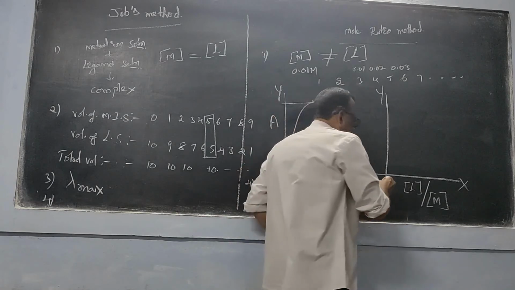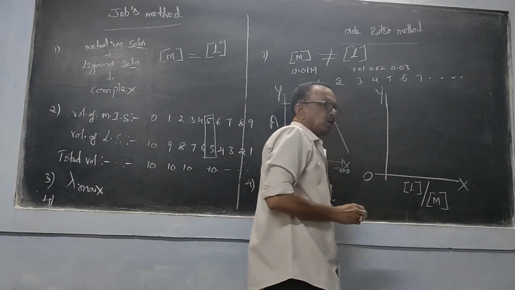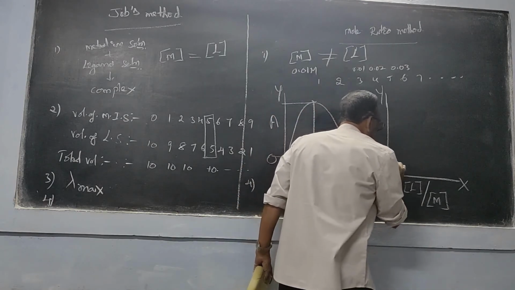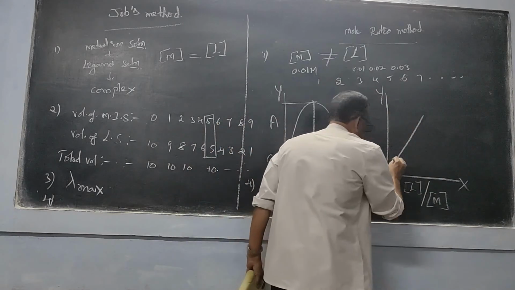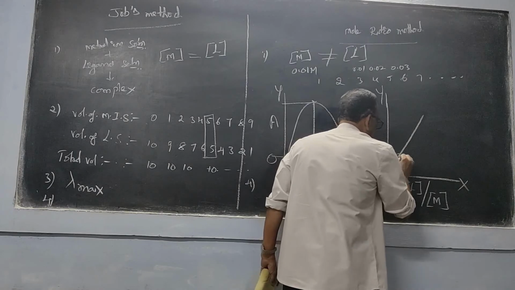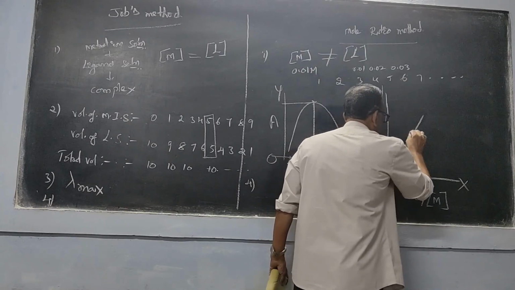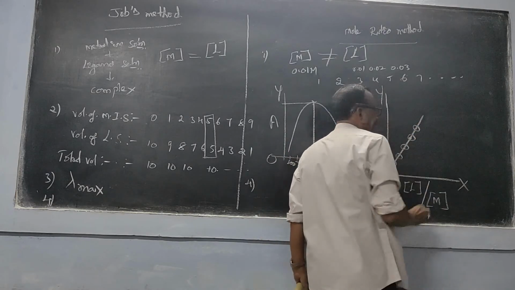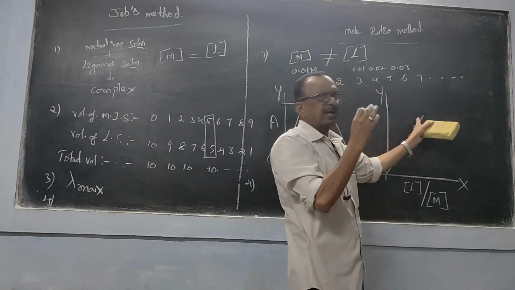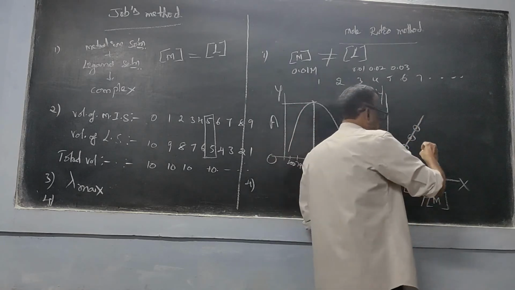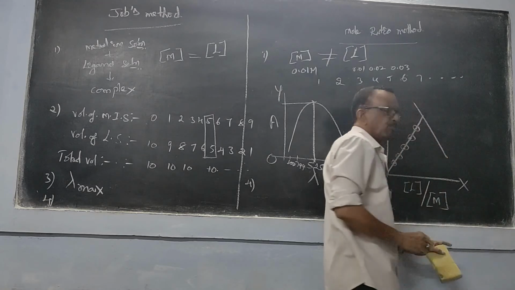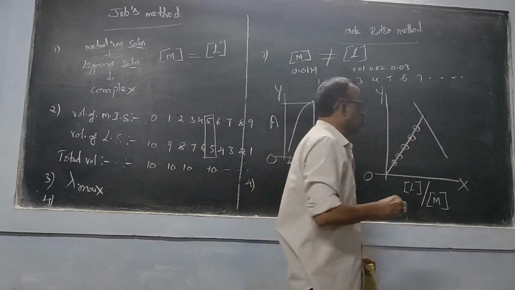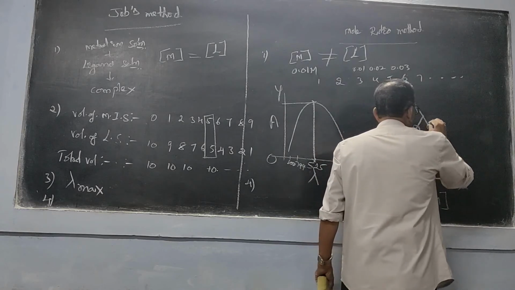Now the graph obtained is also different. From the origin, a linear, that means a straight line. Here, say first, second, third, fourth, fifth, then abruptly it will break at one point, and the graph will move down in the form of a slope. So here we get different points.